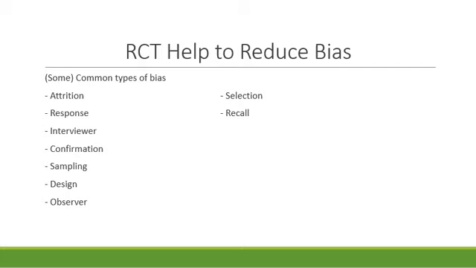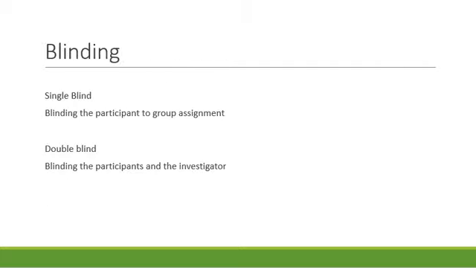Now, a randomized controlled trial does help to reduce some common types of bias. Bias is defined as any tendency which prevents unprejudiced consideration of a question. Blinding, oftentimes will say in the title of the article, if not, you'll read it in the abstract or you'll understand it from the methodology.